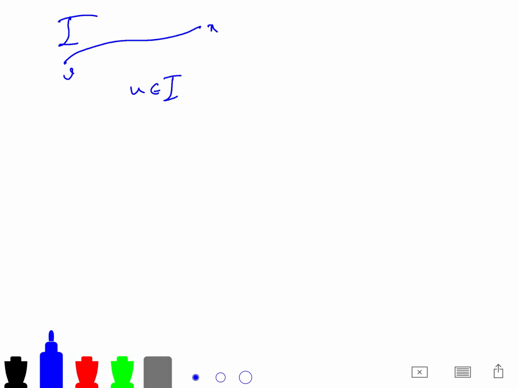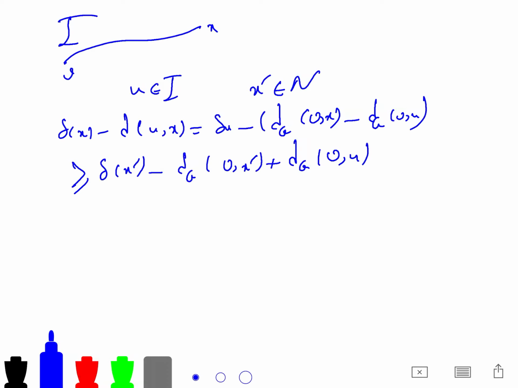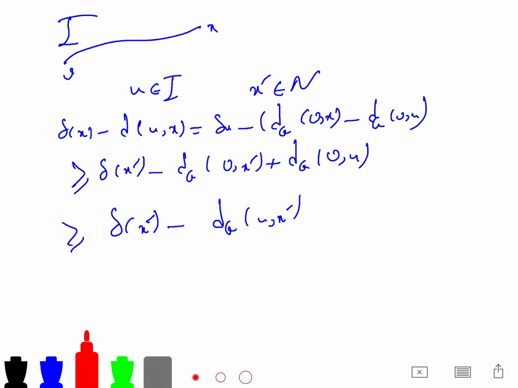Let I be the shortest path in G from V to x. For every U in I and center x prime in N, it holds that delta x minus dG(U, x) is delta x minus dG(V, x) minus dG(V, U), greater than or equal to delta x prime minus dG(V, x prime) plus dG(V, U). This is greater than or equal to delta x prime minus dG(U, x prime).